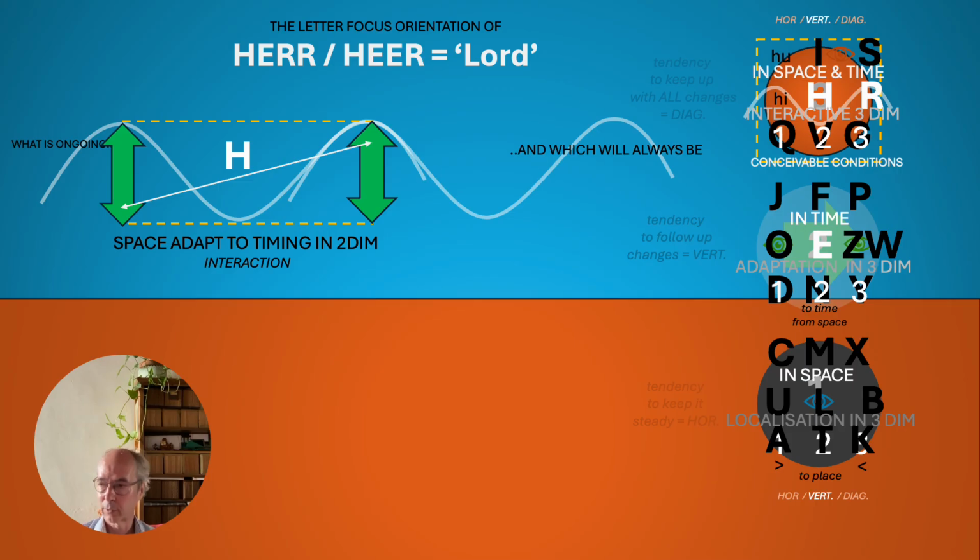I will later also give more time to the word bird as well. But let's first go to the word of the Lord then, which in German is HERR, and in Dutch it is HERR. The Lord.